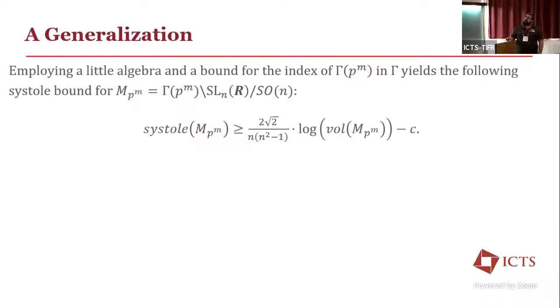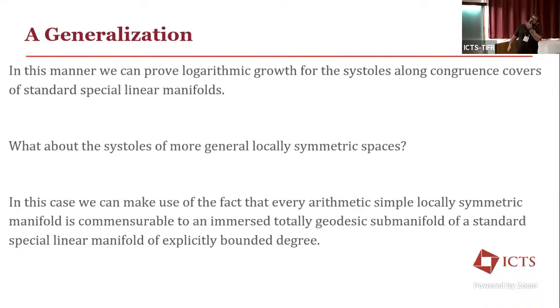And we get something like this. So we get a lower bound for the systole of our special linear manifold, which is a constant, depending only on dimension, times log of the volume. Okay, so this gives us our result for special linear manifolds.